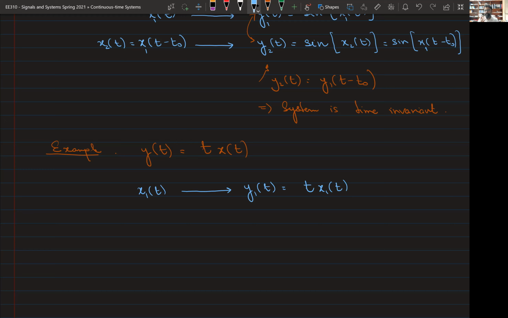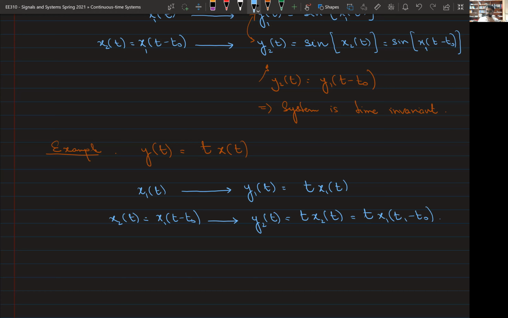Now let's say there's another input x2 of t, which is just the first input shifted by t naught seconds. What would this output be? This output would be y2 of t equals t times the input x2 of t, and x2 of t is x1 of t minus t naught.